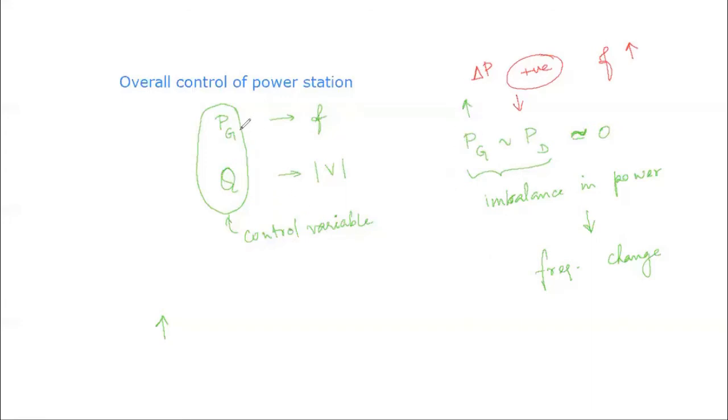So that is the relationship between real power and frequency, and reactive power and voltage. By controlling the real power generation, we could arrive at frequency control, and that is done by the basic control loop which we call the load frequency control.